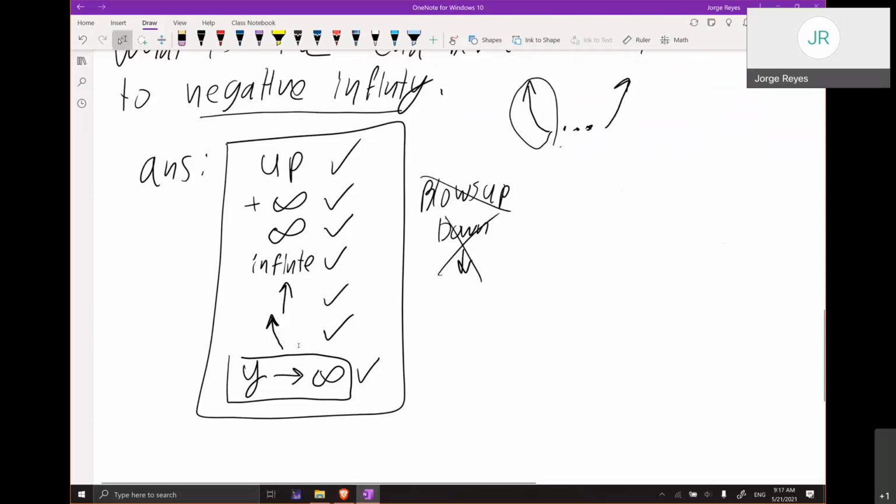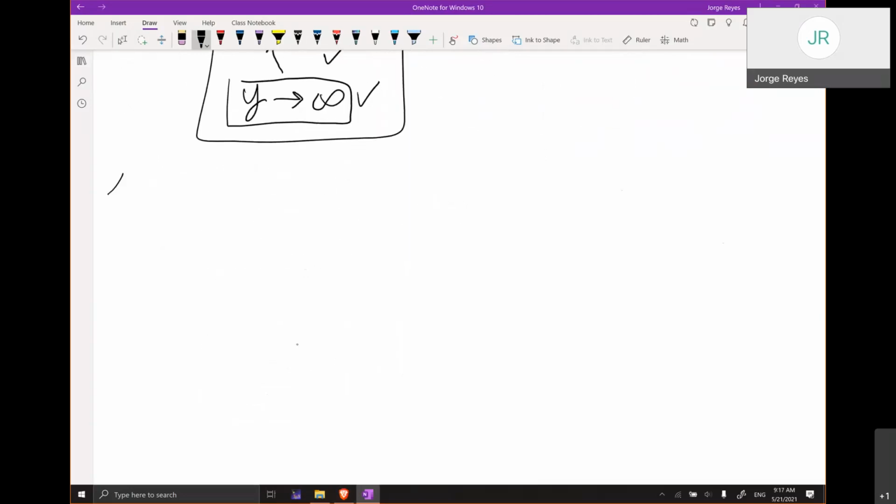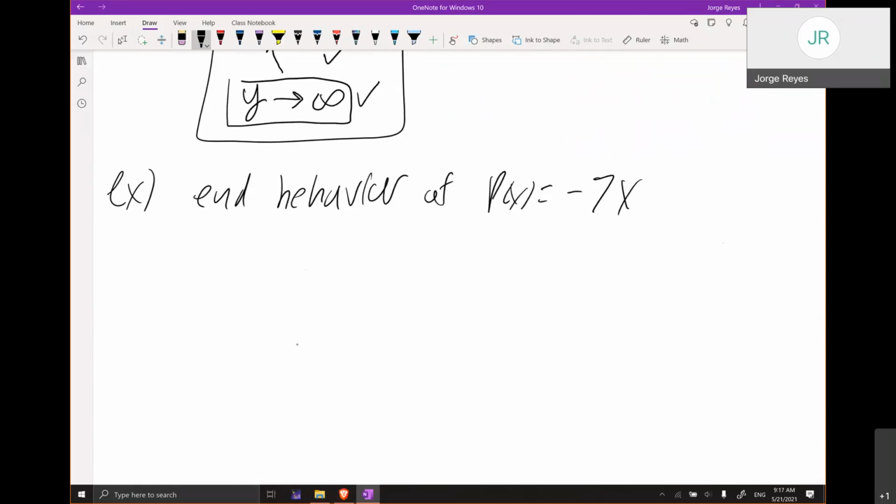But end behavior, not that complicated. So let's just do one more. I want to know end behavior of p of x equals negative 7x cubed minus 2x plus 1 as x tends to positive infinity. So we look at the leading term.